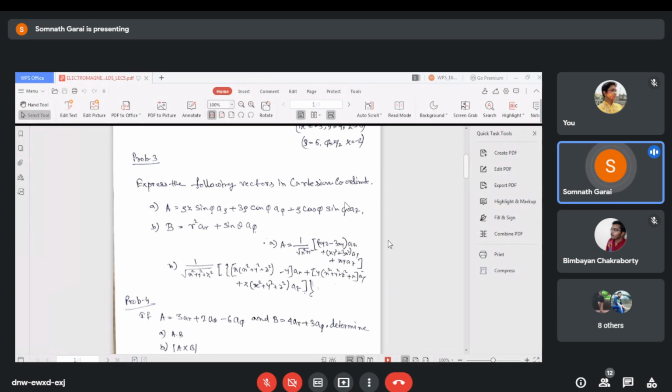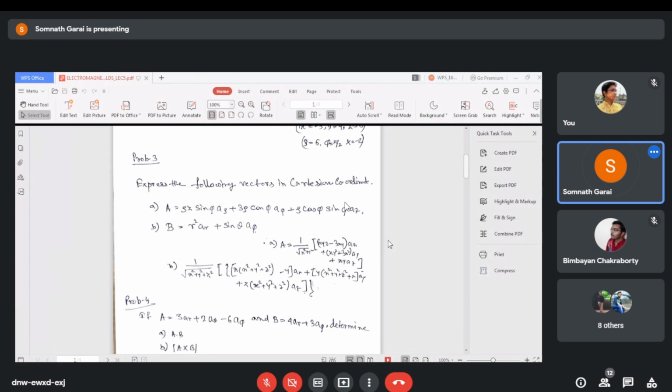So the approach of solution: you have to write first the matrix format of Cartesian coordinate component with respect to cylindrical coordinate system.